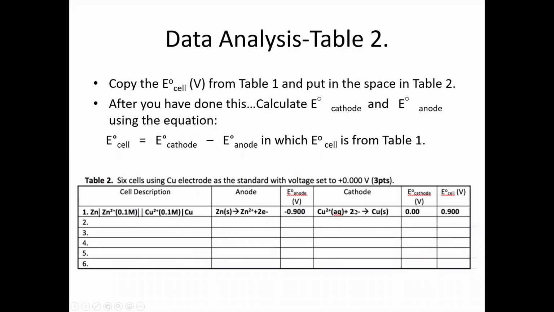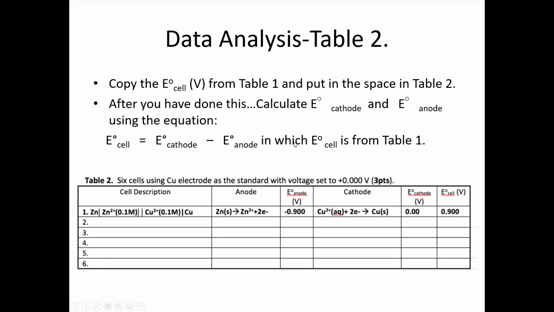Make the assumption that the copper cell is at 0.00, and then based on the cell potential, you can calculate the other half cell potential. For the zinc copper case, the standard cell potential we calculated to be 0.900. Since we assign copper to be 0, the zinc half cell will be negative 0.9.